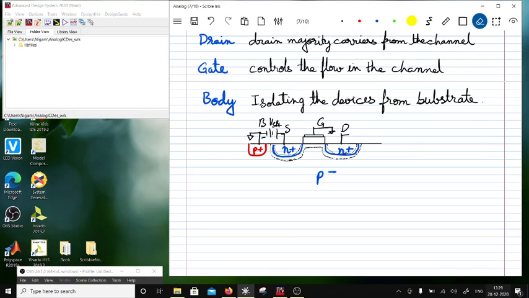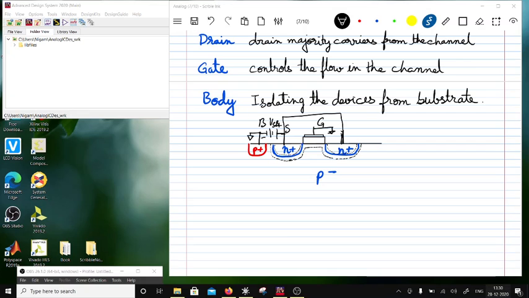So everything would be relative to S, and right now there is no horizontal field because there is no potential between source and drain, right? So this is sitting at a potential which is VSB above the ground.